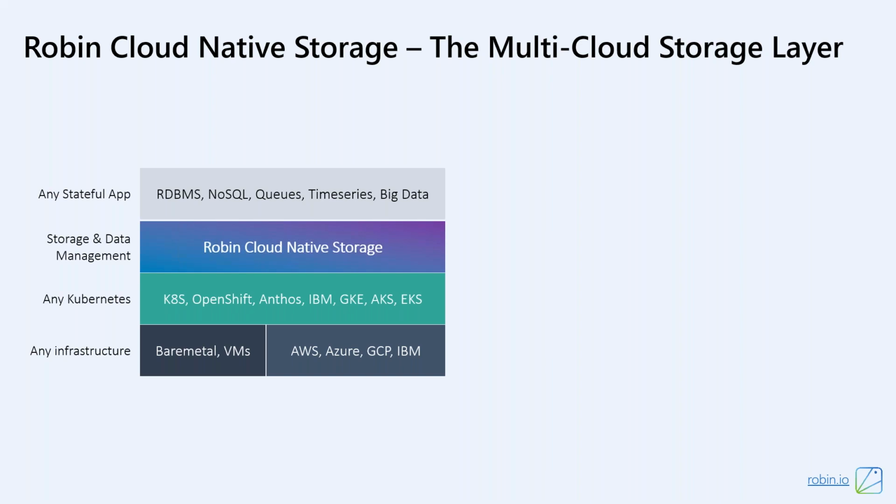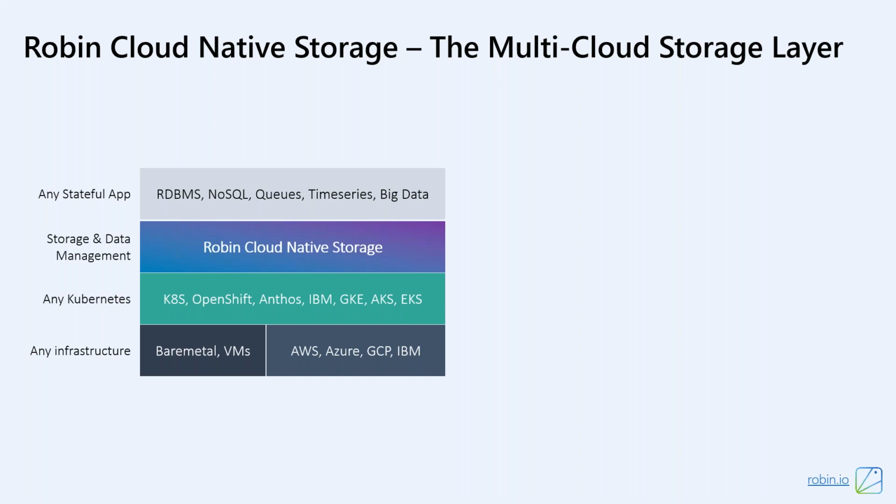And now Robin becomes the storage layer for all the stateful applications running on top of it. So it could be databases or your NoSQL databases, your messaging queues like Kafka, time series databases, big data, and AI/ML applications that need access to data.